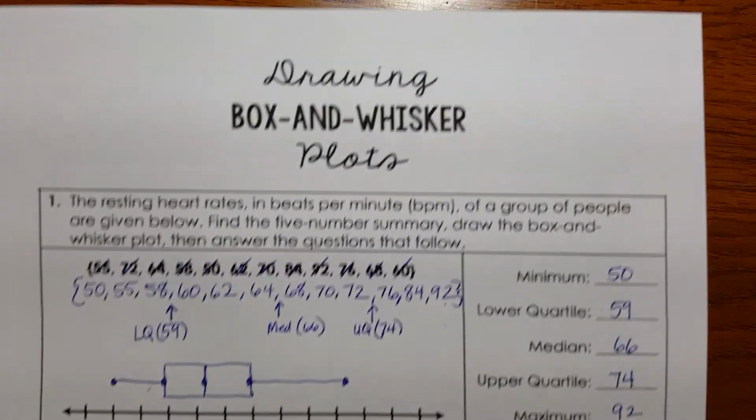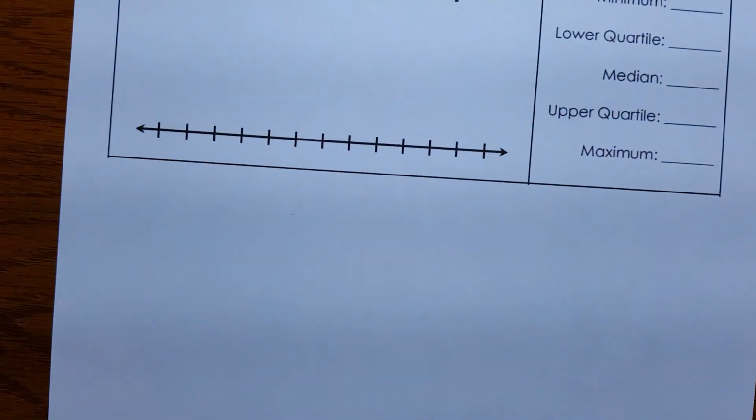Okay, let's look at another example. All right, the speed of 9 cars on the highway.